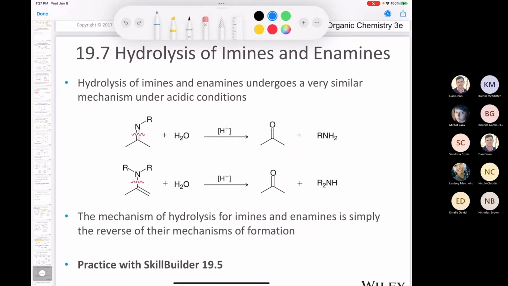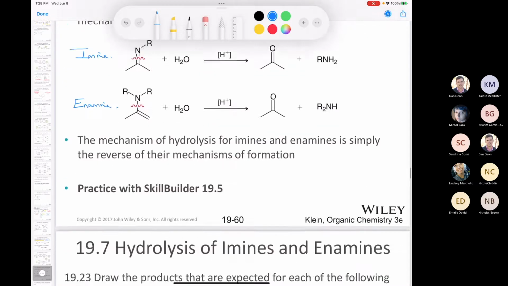The difference is, instead of removing water, we're adding water in acid. And if we're adding water, it's going to push the equilibrium to this side to regenerate your ketone and your primary amine if you have an imine, like we do here, and it's going to regenerate your ketone or aldehyde and your secondary amine if you are starting with an enamine.